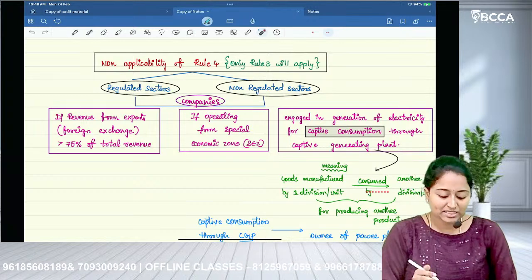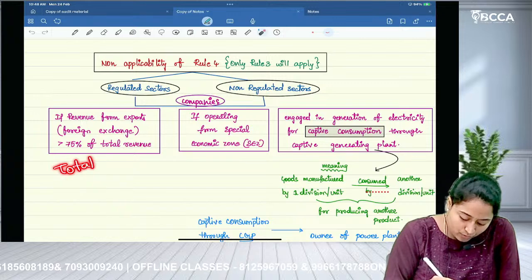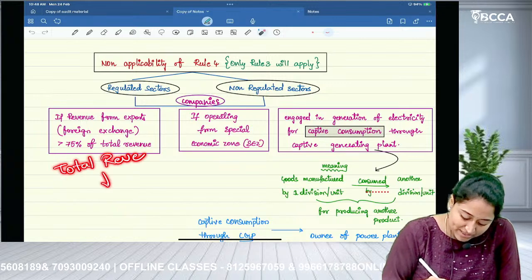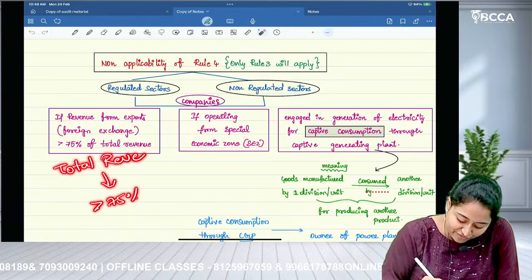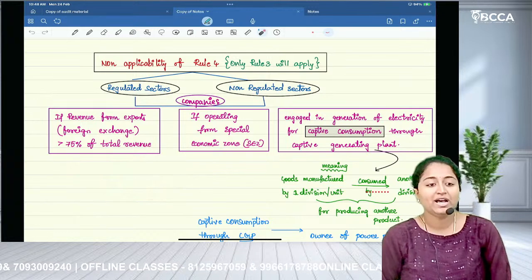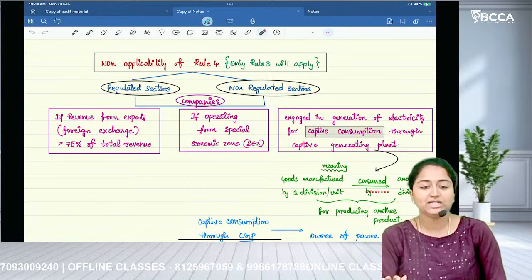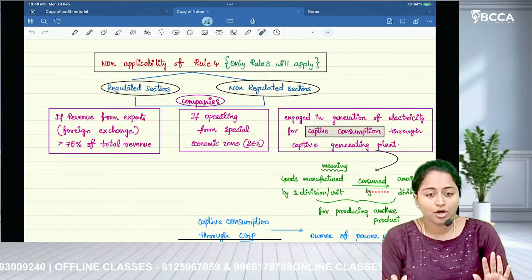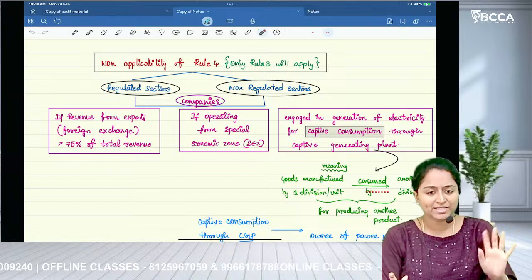In that case, if total revenue consists of more than 75% foreign exchange revenue, then for those companies cost audit is not required. Only maintenance of cost records is enough.